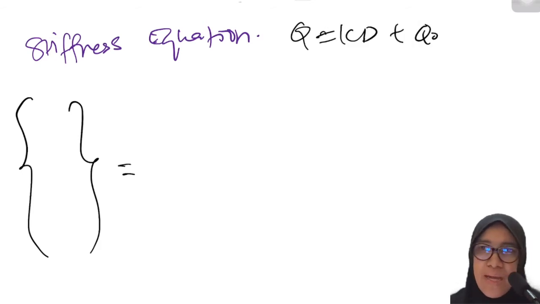Q naught is equivalent element nodal forces. We use capital because this is to represent the whole structure.